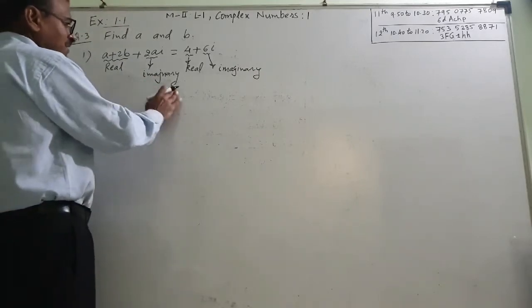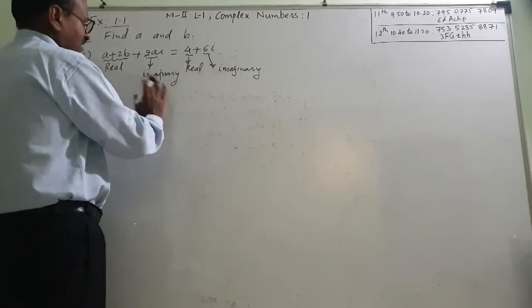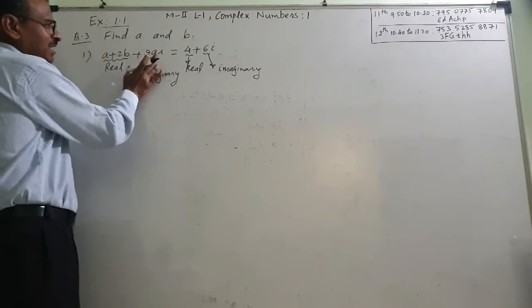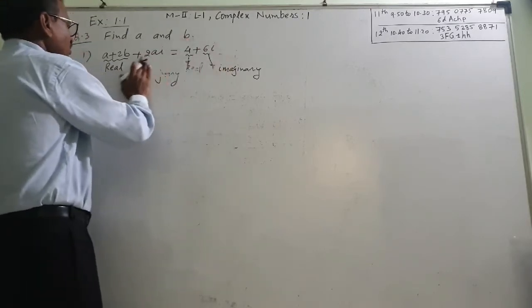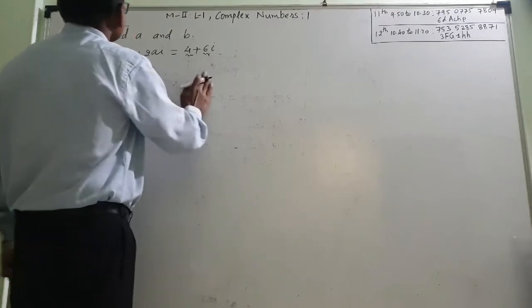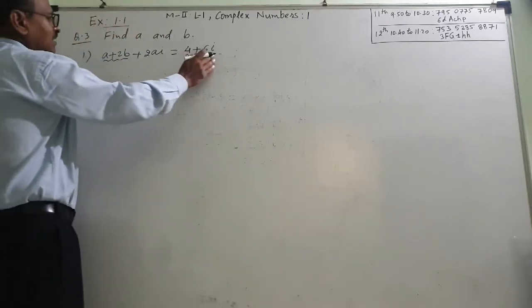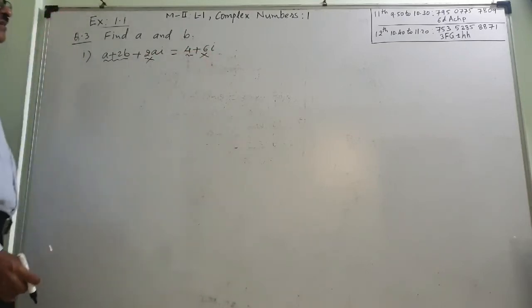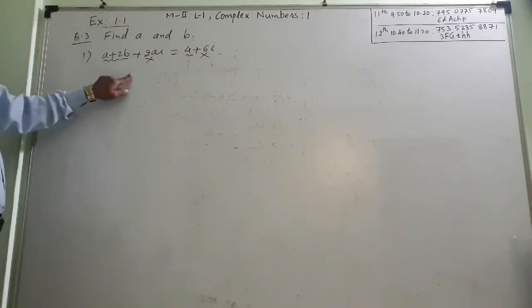This is also comprised of real and imaginary parts. So the real part should be equal to the real part, and the imaginary part should be equal to the imaginary part.